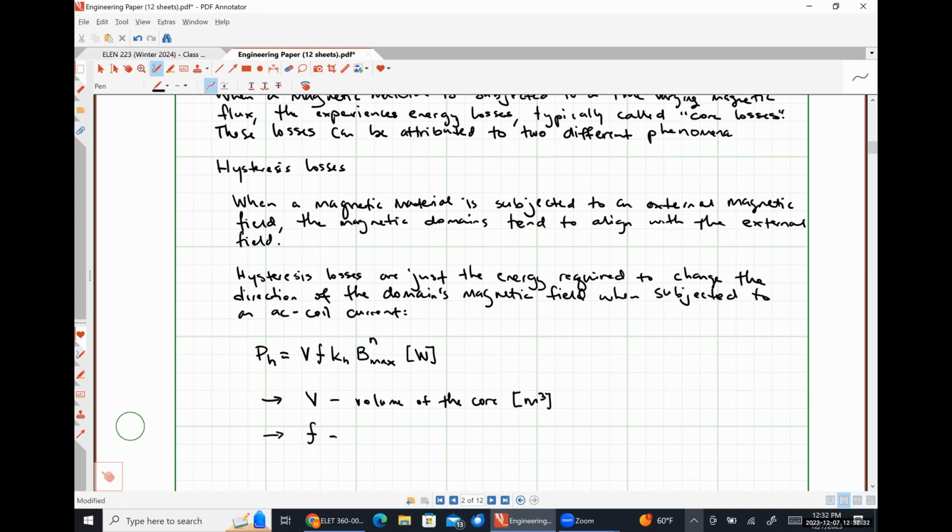f is the excitation frequency, measured in hertz. So effectively, the more quickly we try to change the direction of the magnetic domains, the more losses we incur.